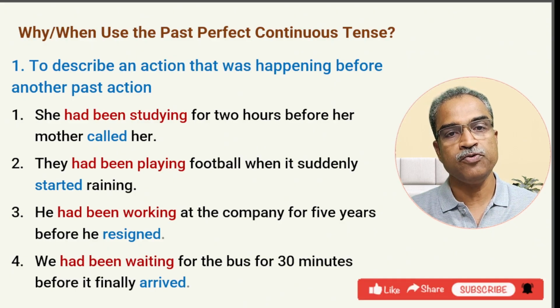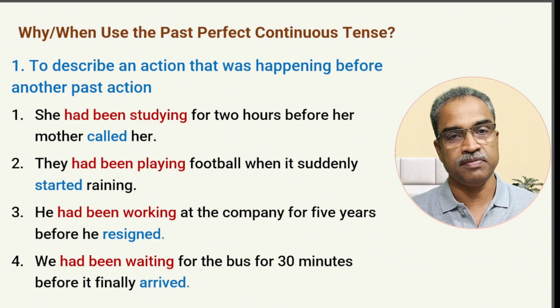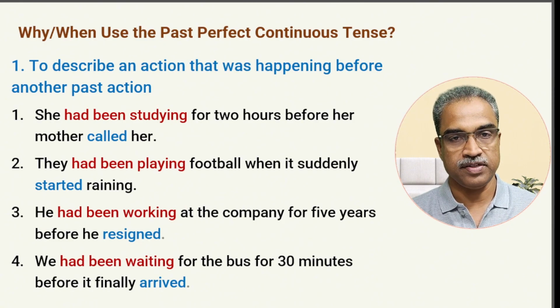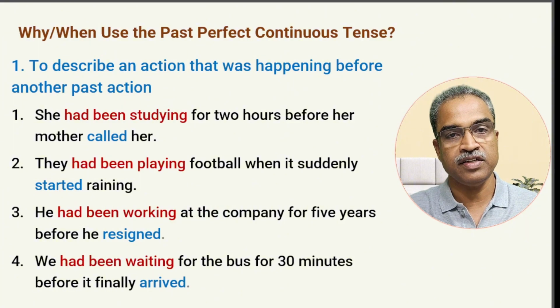And when it suddenly started to rain, up to then, past perfect, past completed. So two incidents happened in the past. One was going on, and then suddenly the other incident took place. And we can assume that the first incident came to a stop.